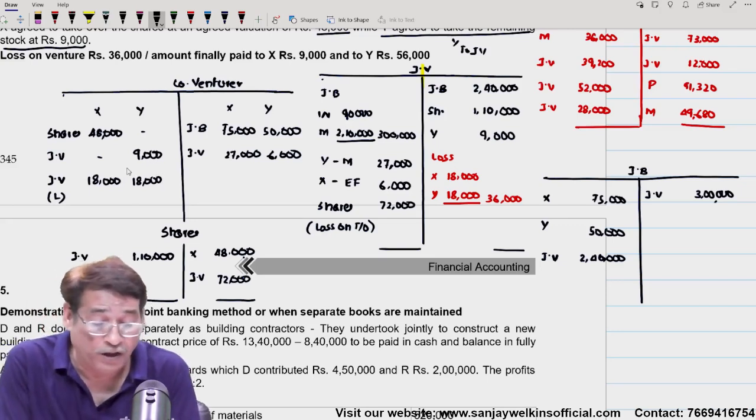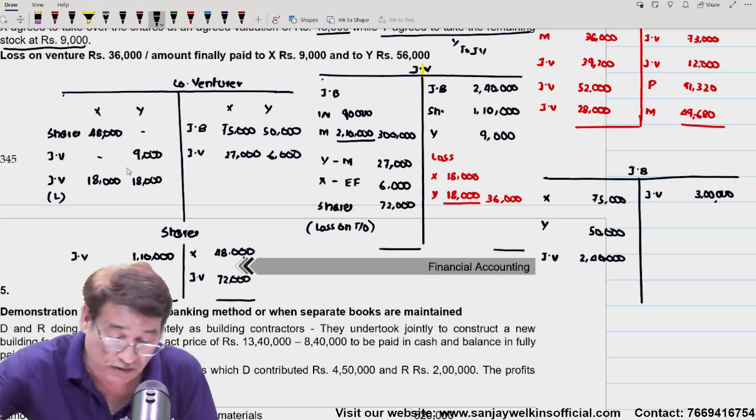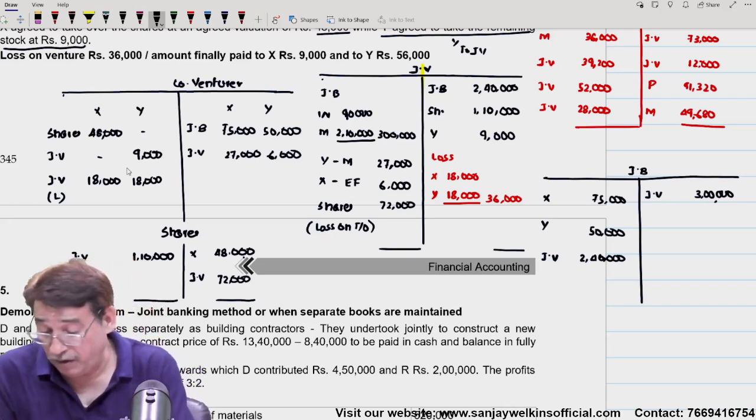And then you are going to make the final payment. As far as final payment is concerned, 75 plus 27 minus 48 and minus 18.